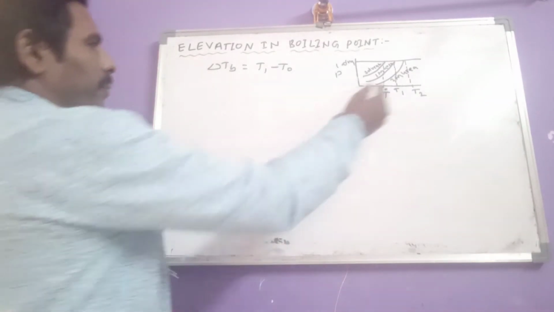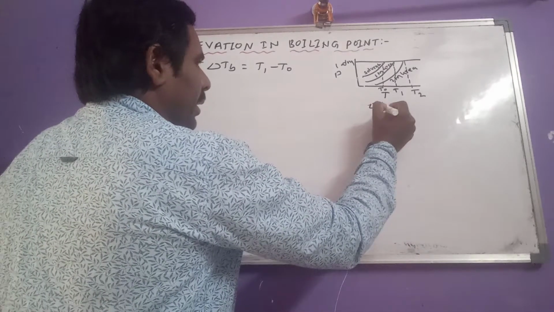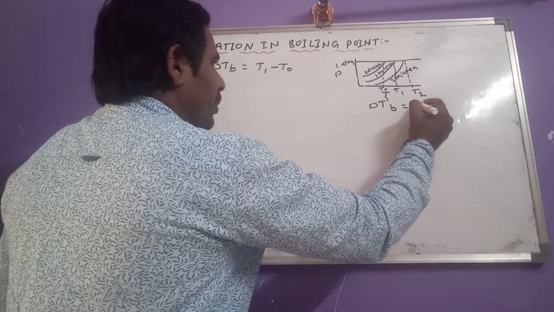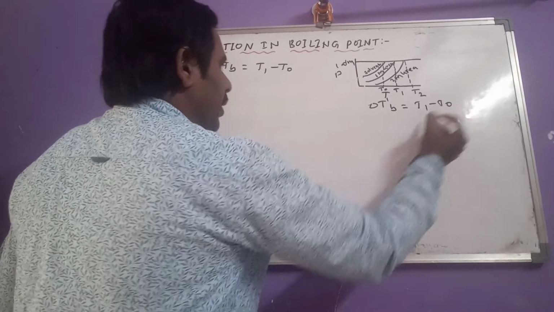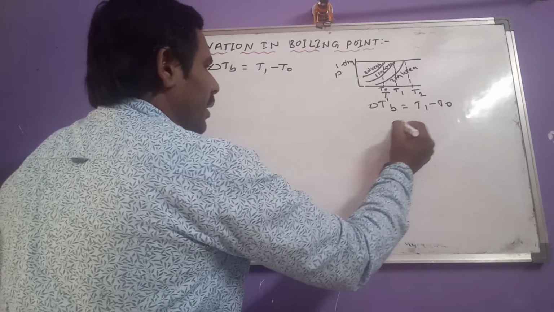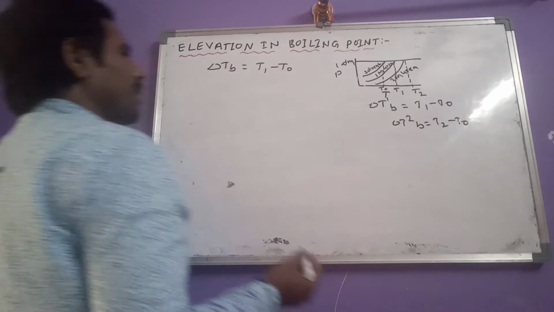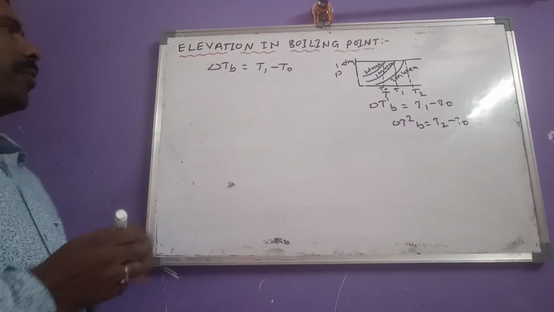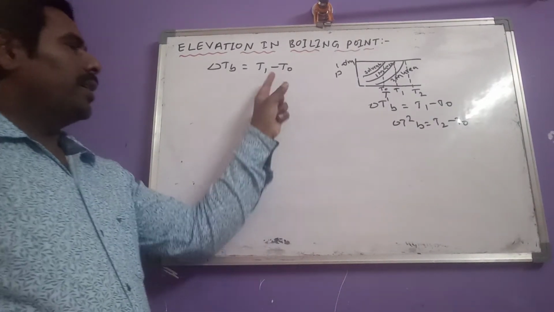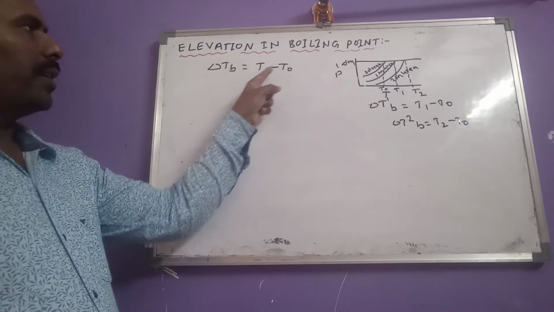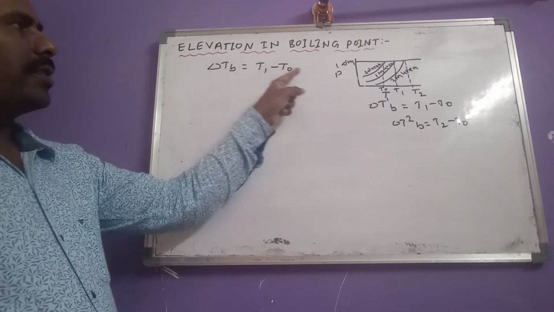So here delta T1B equals T1 minus T0, and delta T2B equals T2 minus T0. Like that, elevation in boiling point means the difference between the boiling point of the solution and the boiling point of the solvent.